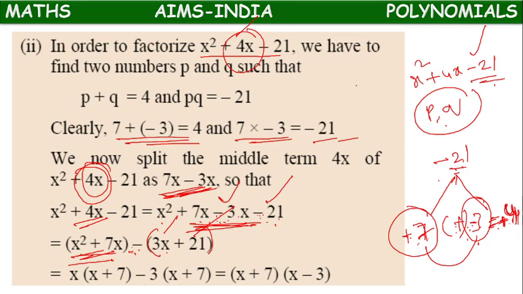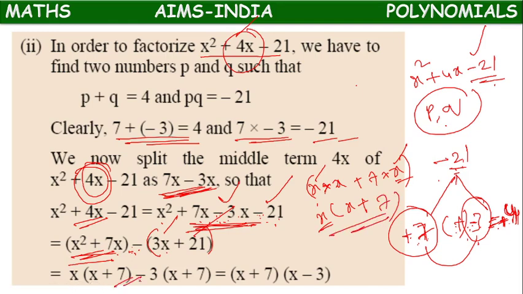Next. x square plus 7x means x into x plus 7 into x. What is common? x is common. 1x taken out, another x is remaining. x taken out, 7 is remaining. x into x plus 7.